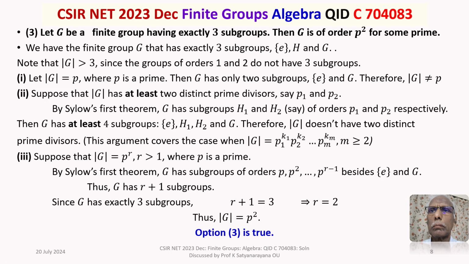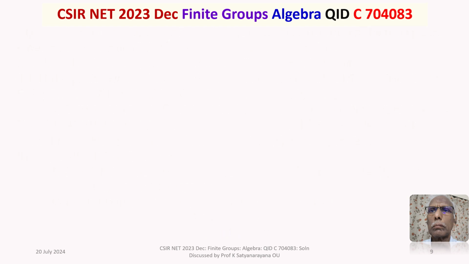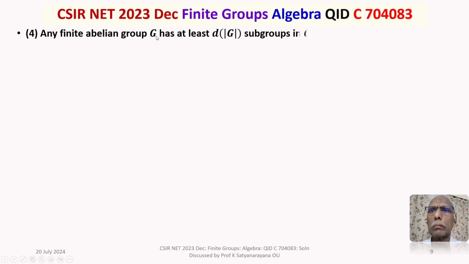We move on to the fourth option. Option 4: any finite abelian group G has at least d of order of G subgroups, where d of m denotes the number of divisors of m. This d of m is sometimes written as tau of m.